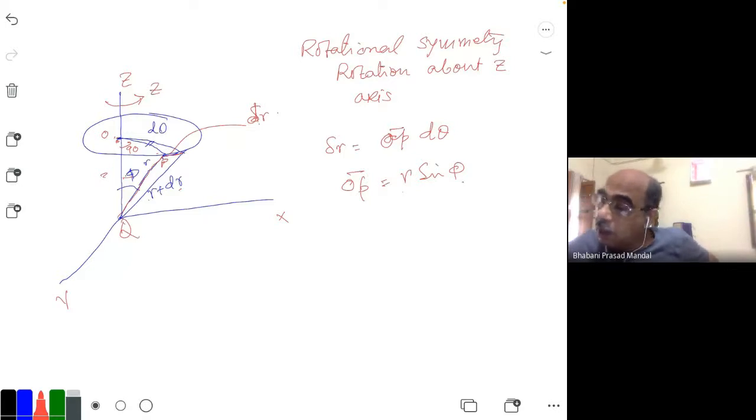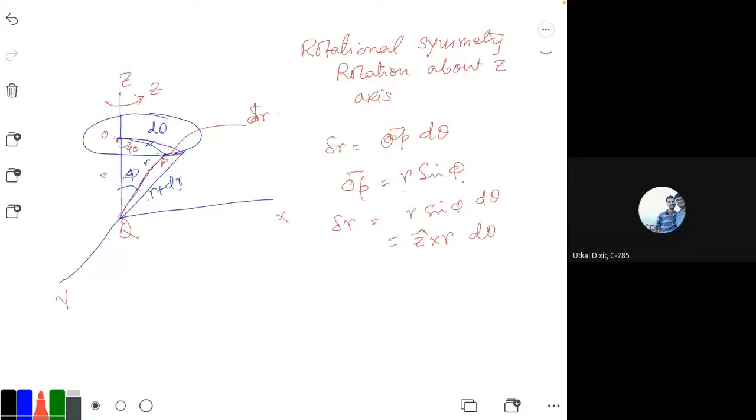Then we substitute, and we got delta r was r sine phi d theta, or for a small angle, which I wrote as unit vector z cross r, d theta.